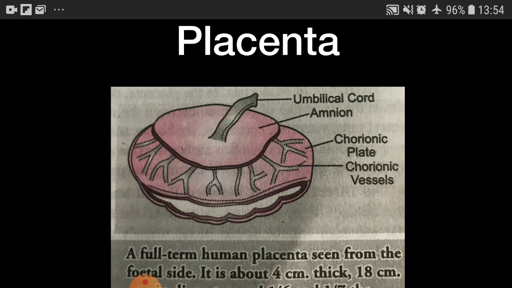The cells forming the wall of chorionic villi bear microvilli which increase their surface area for quick and proper exchange of materials by diffusion, active transportation and pinocytosis. Now, in the placenta, the fetal blood comes very close to the maternal blood, and this permits exchange of materials between the two.